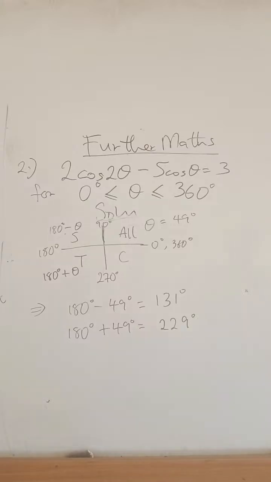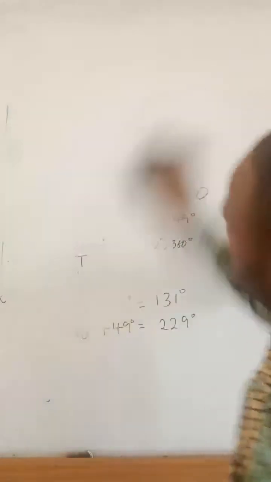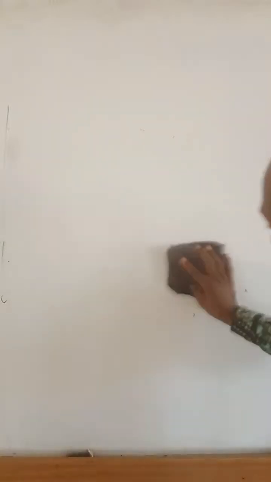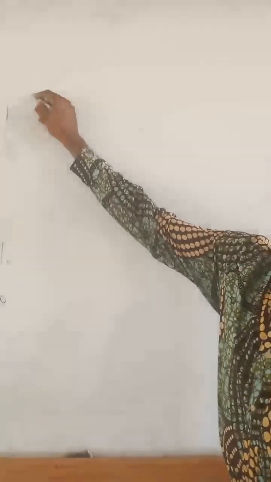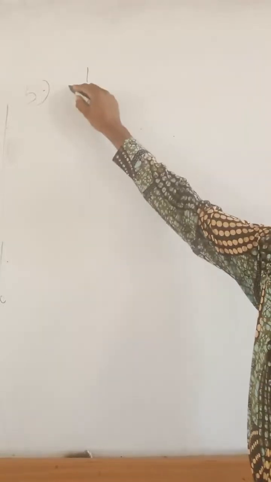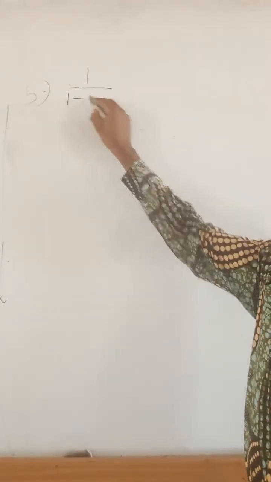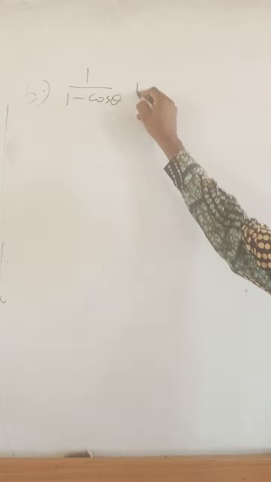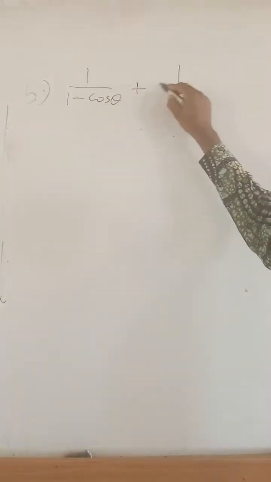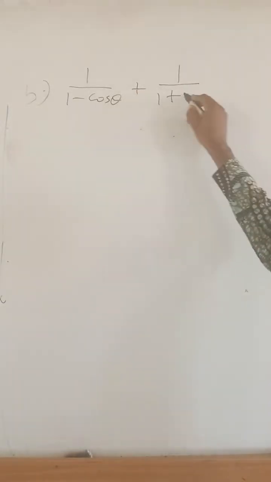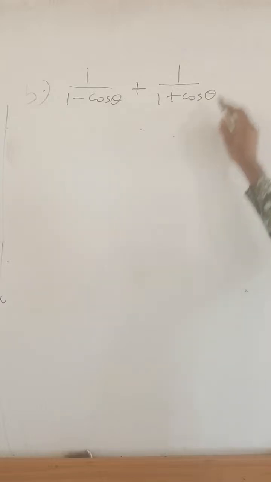All right, let's consider the B part. For the B part, we have 1 over 1 minus cos theta plus 1 over 1 plus cos theta.